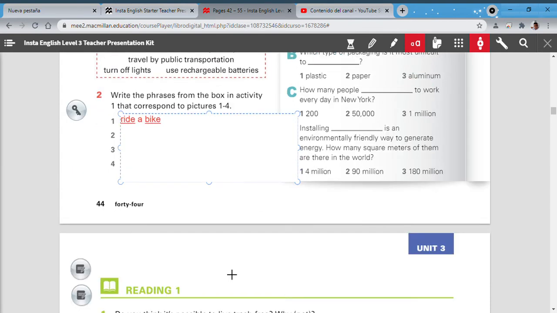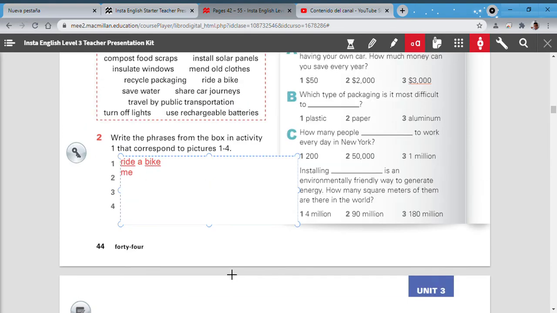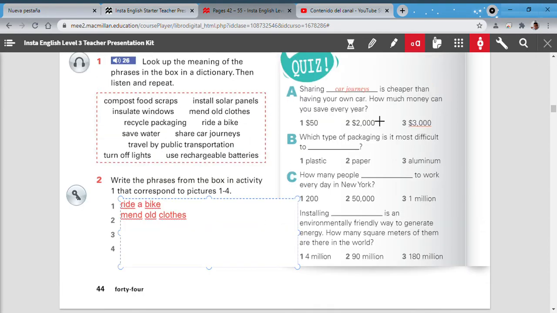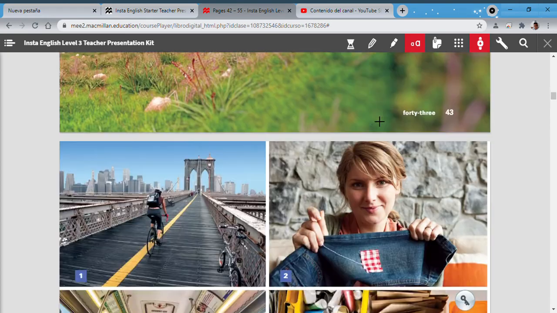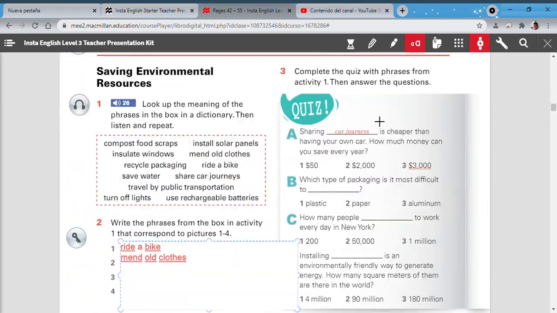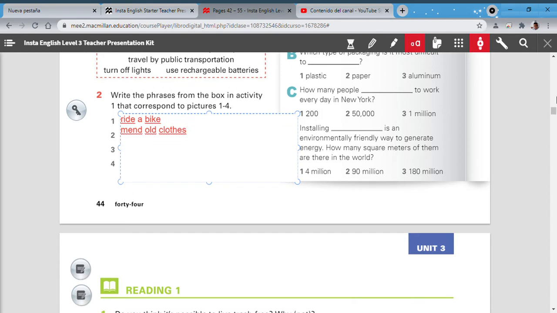Let's see. Men all clothes. Number 2. Number 3, we've already done this activity. Travel by public transportation.